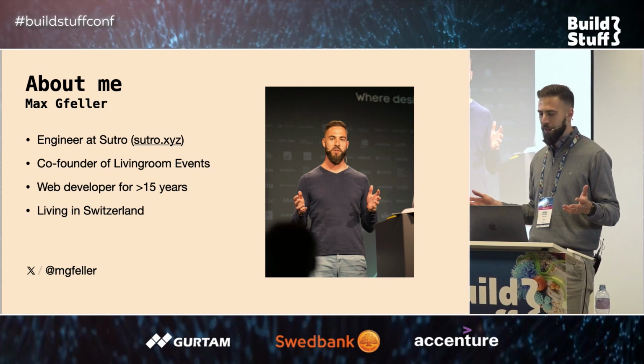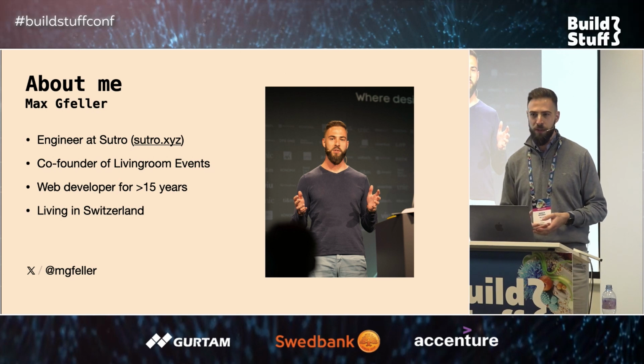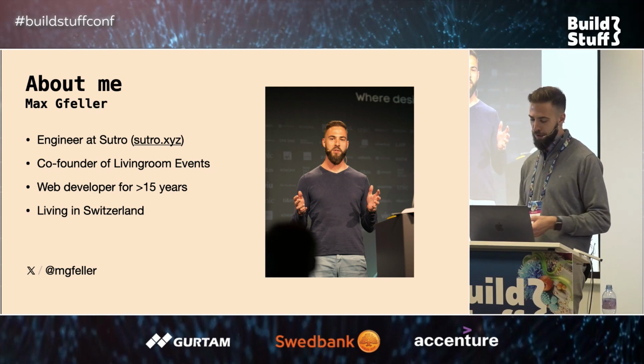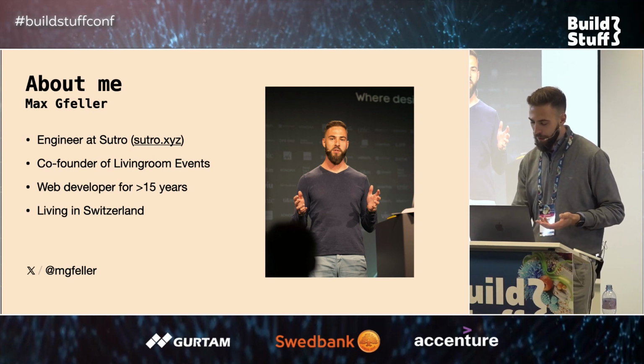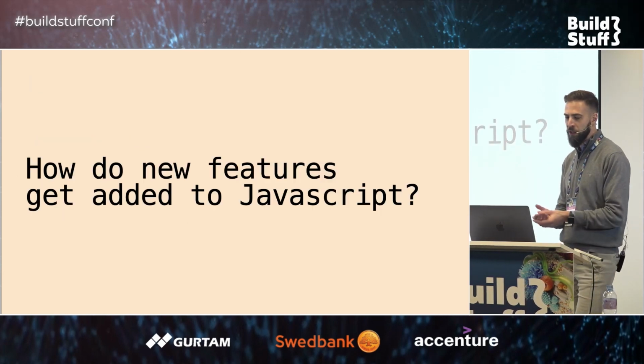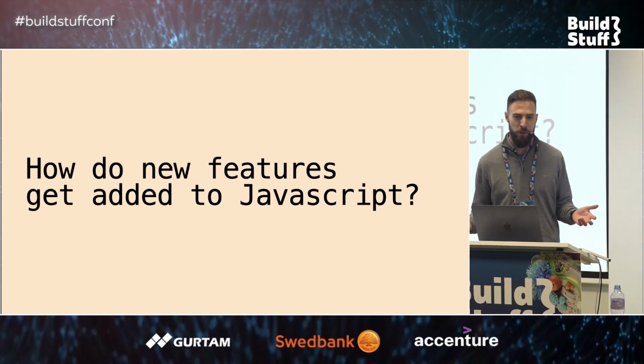Before I talk about the decorators proposal, I want to take a quick detour and talk about the question: how do new features get added to the language of JavaScript?